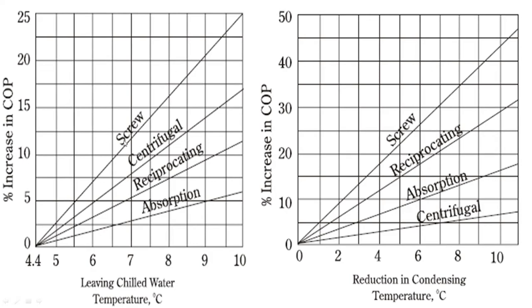So screw compressors are considered to be the most efficient in terms of evaporating temperatures. Similarly, the more we reduce condensing temperatures, the more efficiency we have. Similarly, for centrifugal, absorption, reciprocating, and screw compressors, the percentage increase in COP is more for screw compressors than for others.